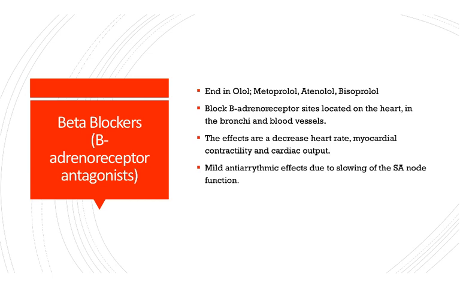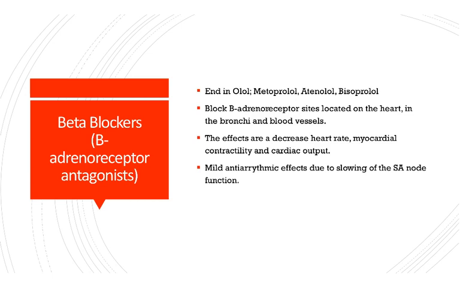And they work by blocking the beta adrenoreceptor sites located in the heart, in the bronchi, and in the blood vessels as well. And the effect of blocking these beta adrenoreceptor sites is that there's a decrease in heart rate, myocardial contractility and cardiac output.